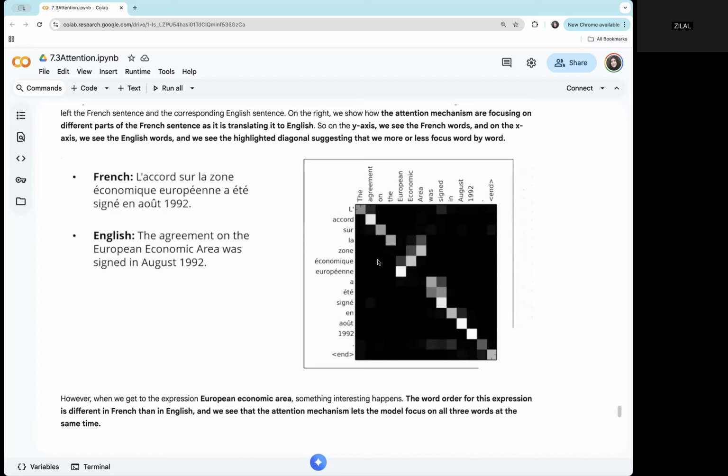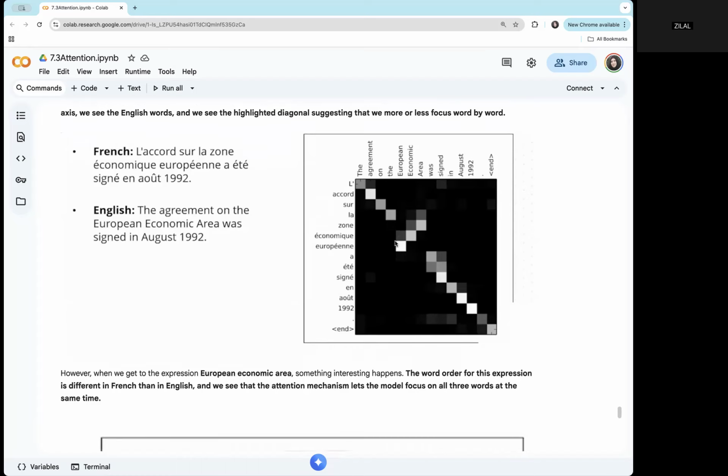On the y-axis, we see the French words, and on the x-axis, we see the English words. And we see a highlighted diagonal suggesting that we more or less focus word by word.